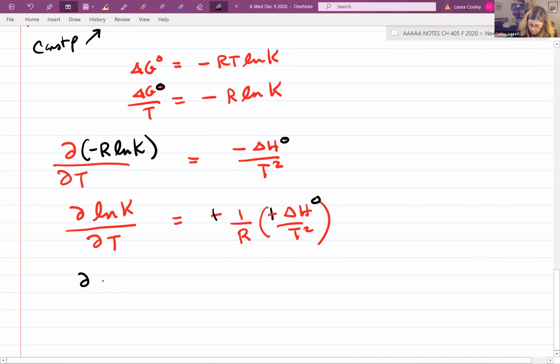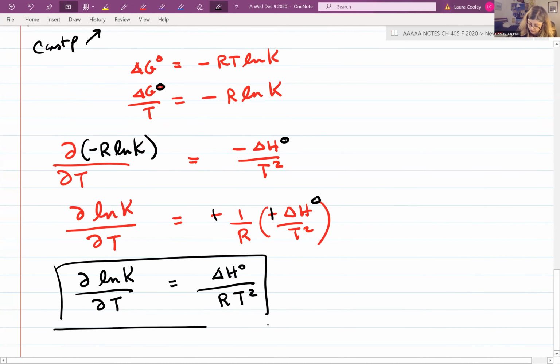So just to write it a little neater, the derivative of the log of K with respect to temperature is delta H0 over RT squared. And actually, do you recognize this equation? Anybody here work on the chymotrypsinogen lab?